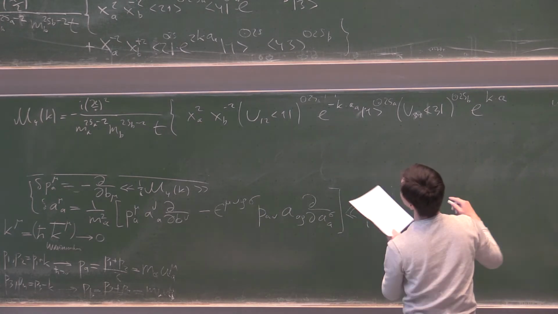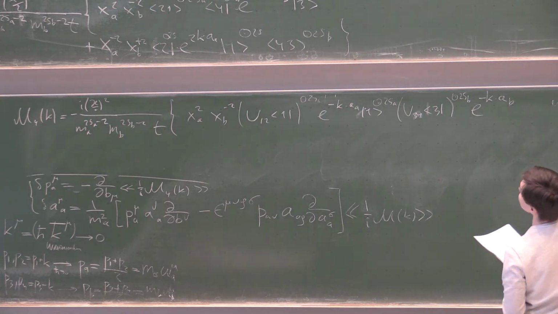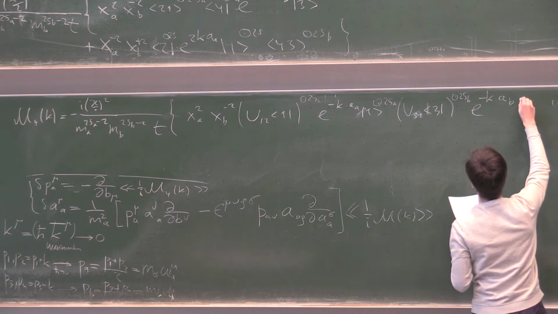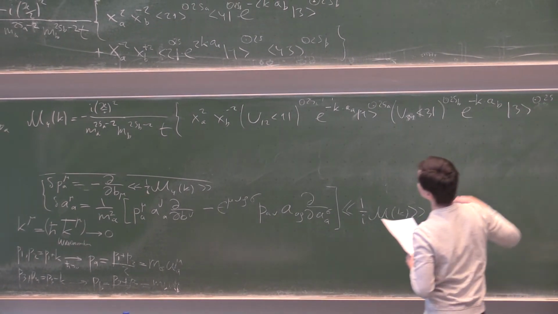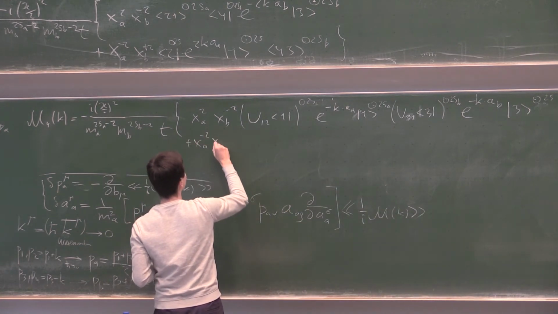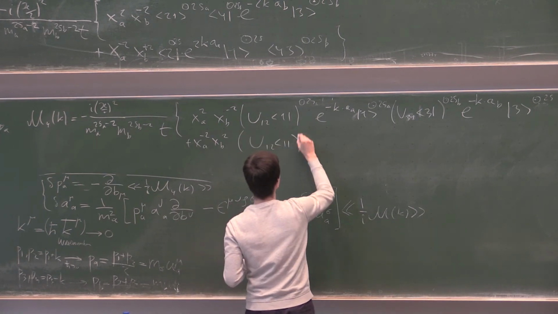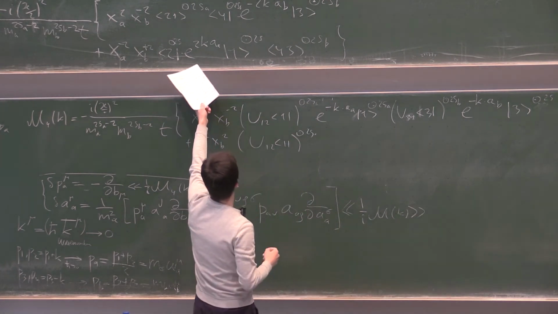So the factor of 2 there will cancel because of an additional exponential factor. And here it will be the opposite.